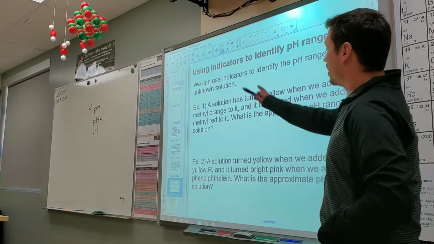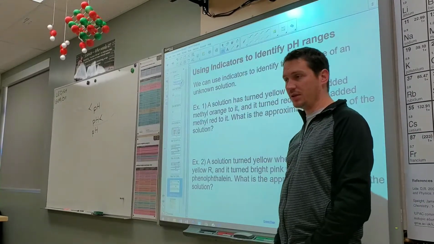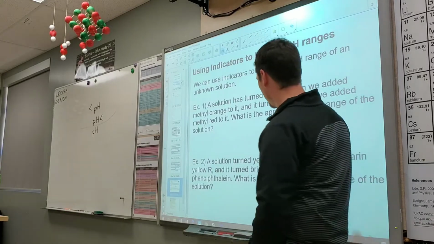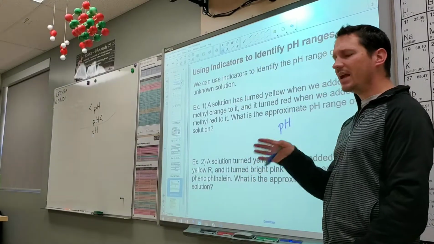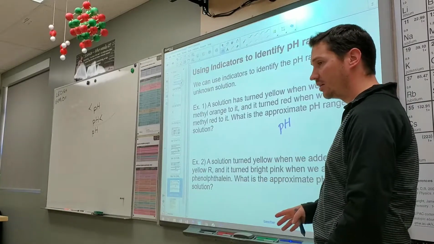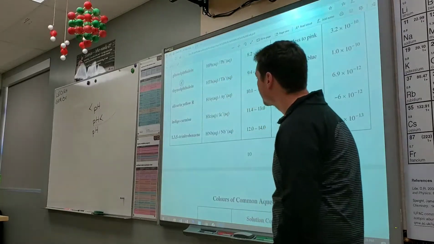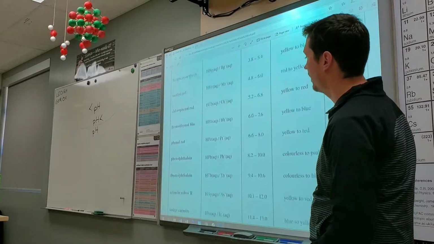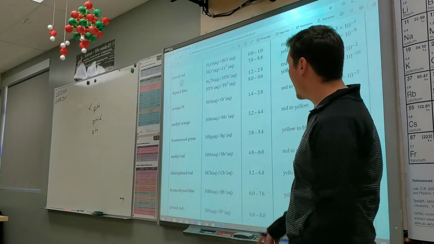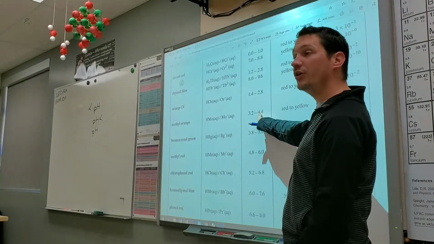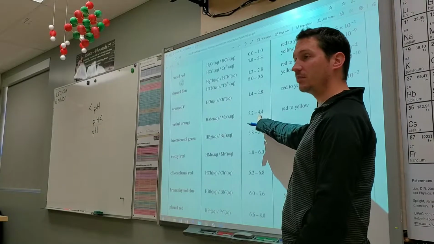A solution has turned yellow when we added methyl orange to it. So let's look at the pH. What range does it have to be in if it's yellow in methyl orange? Could it be 4.4? It could be 4.4, and what else could it be? Higher.